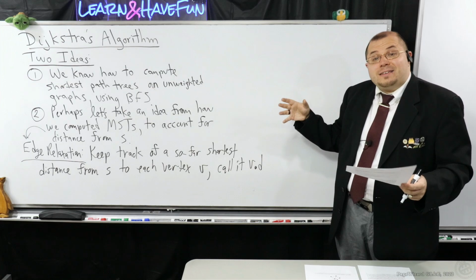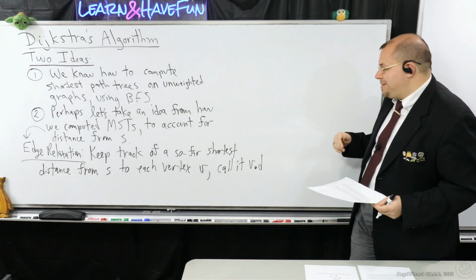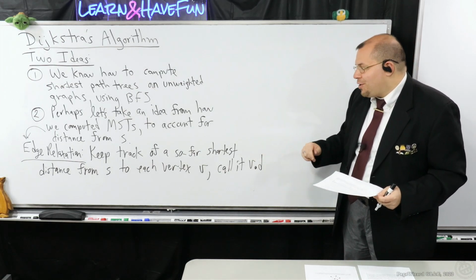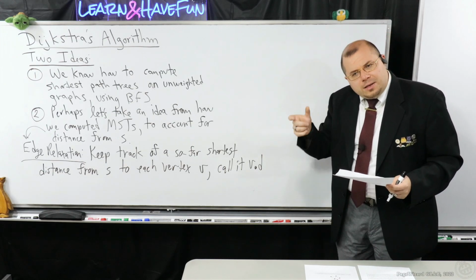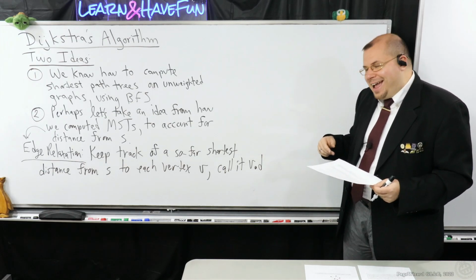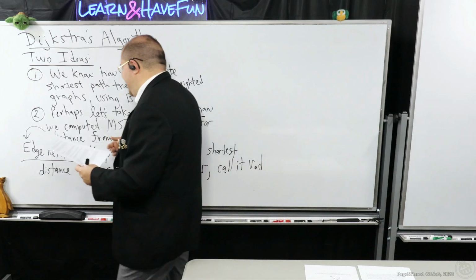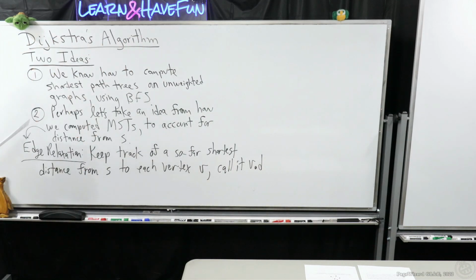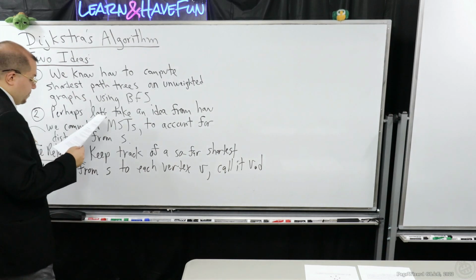It's going to have the exact same setup as in Prim's algorithm, except it's going to keep track of the so far shortest distance, not the cost of the least weight edge that we use, as I mentioned. This is going to translate very naturally into a very simple modification to what we had for Prim's algorithm.